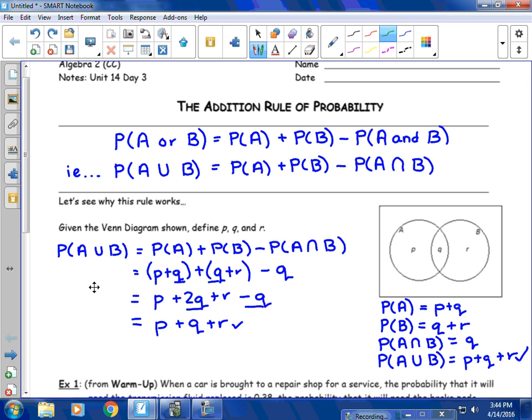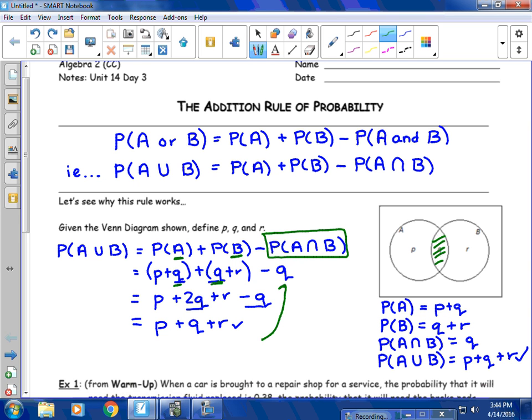So you can see why we need to subtract off this probability of A intersect B. That might be the piece that seems weird here. Most people think if I've got the probability of A or B, add the probability of A and B together. But if you do that, you're potentially adding this middle section here twice, because that middle section is included in the probability of A and is included in the probability of B. And I don't need to include it twice, I only need to include it once.